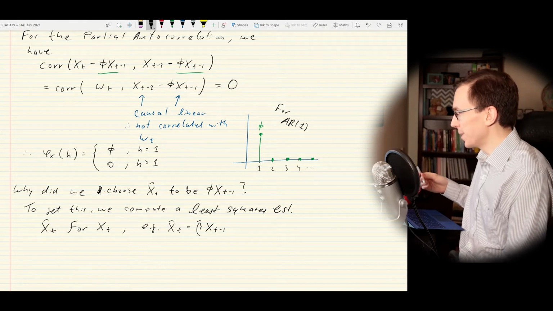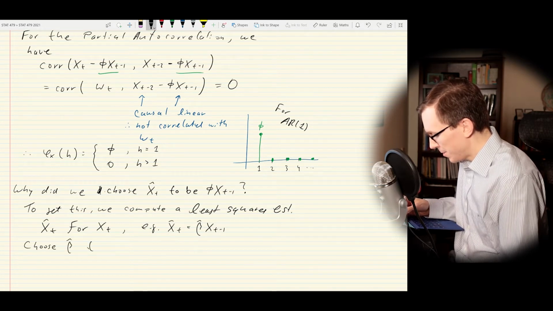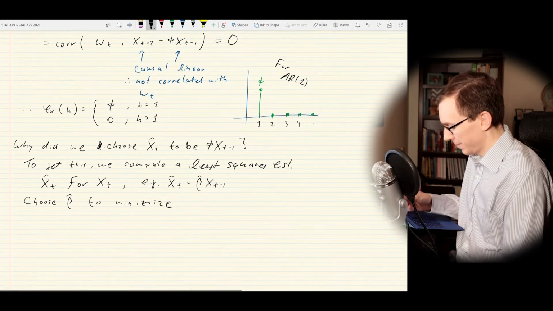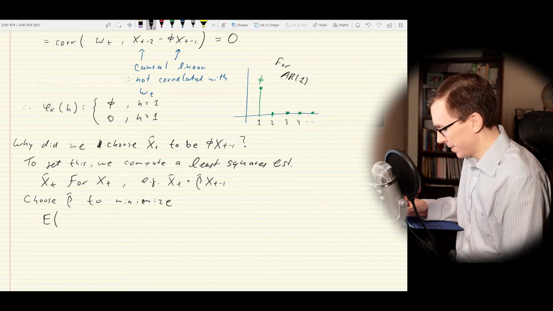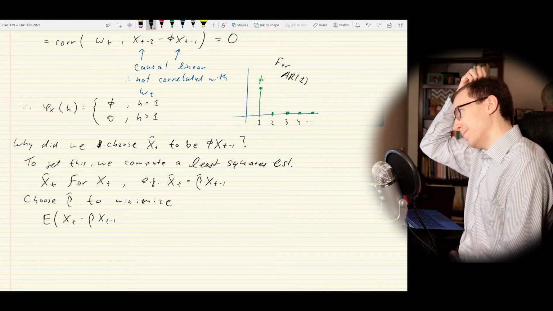And then we would choose beta hat to minimize the least squares equation. Minimize, well, the expected value of the difference here, x_t minus beta x_{t-1}.